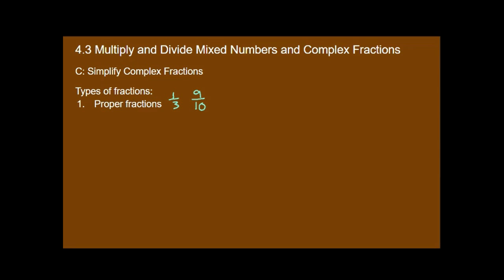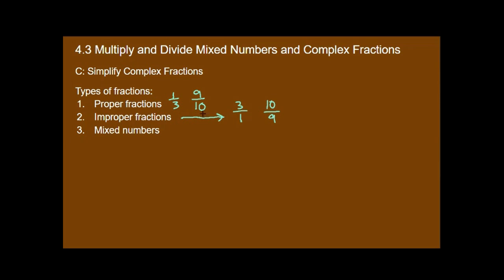The next type of fraction that we talked about was improper fractions, right? Those are when it's the opposite, when the number on the top is larger than the number on the bottom. And once again, it doesn't matter what numbers those are. Then we also had mixed numbers, right?